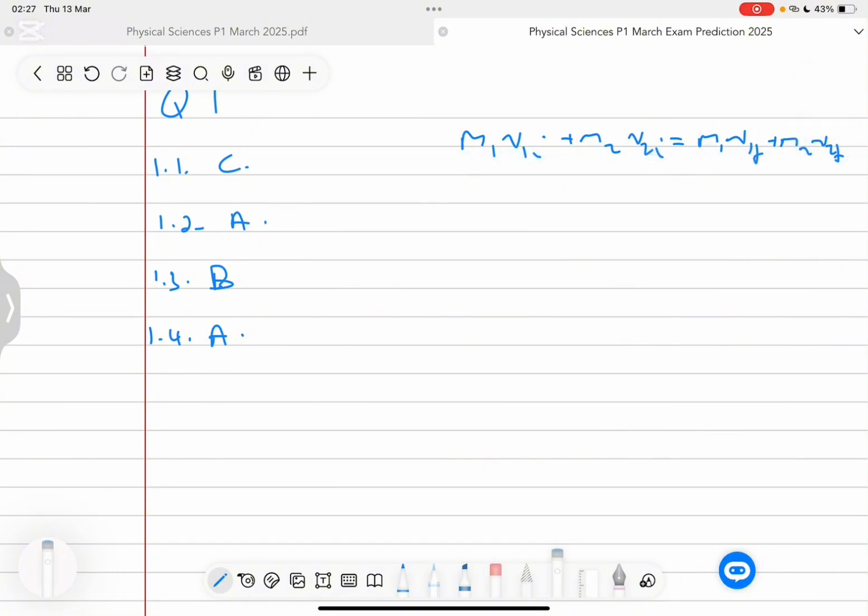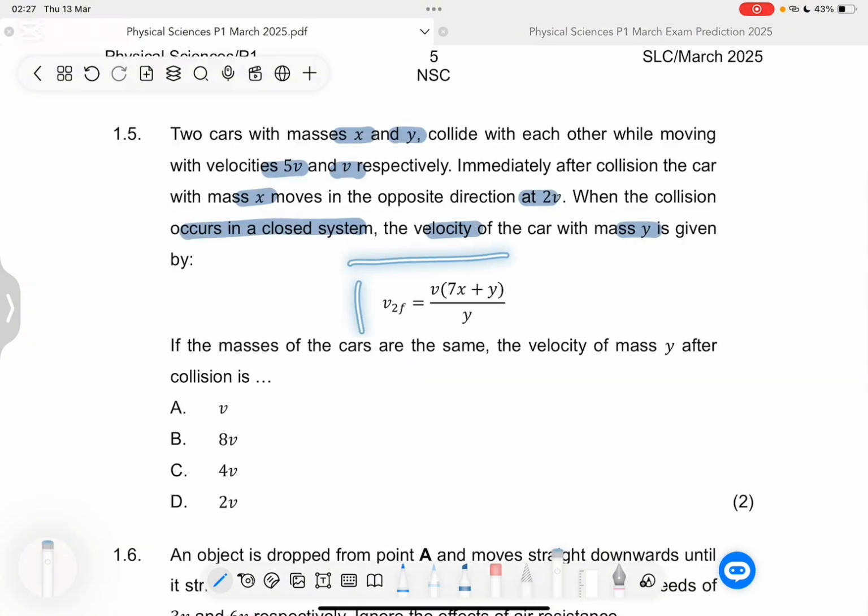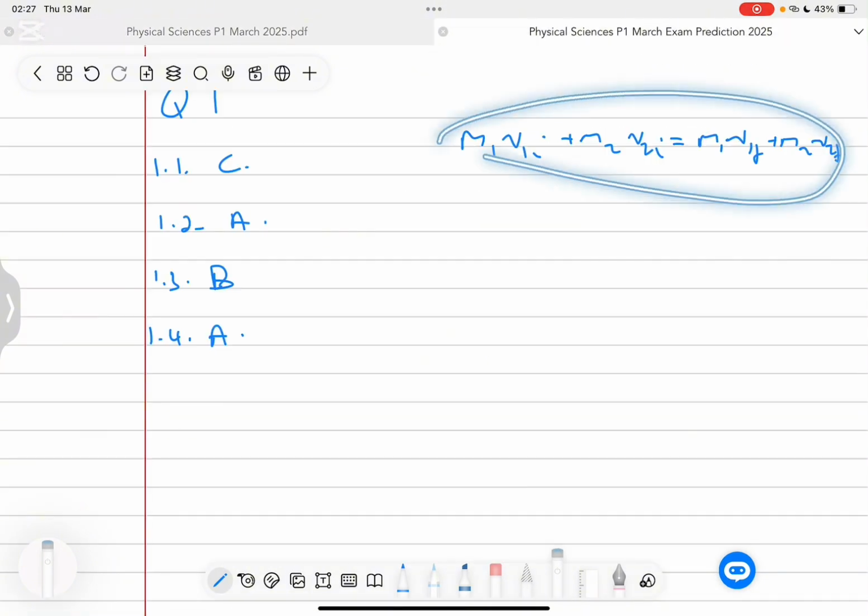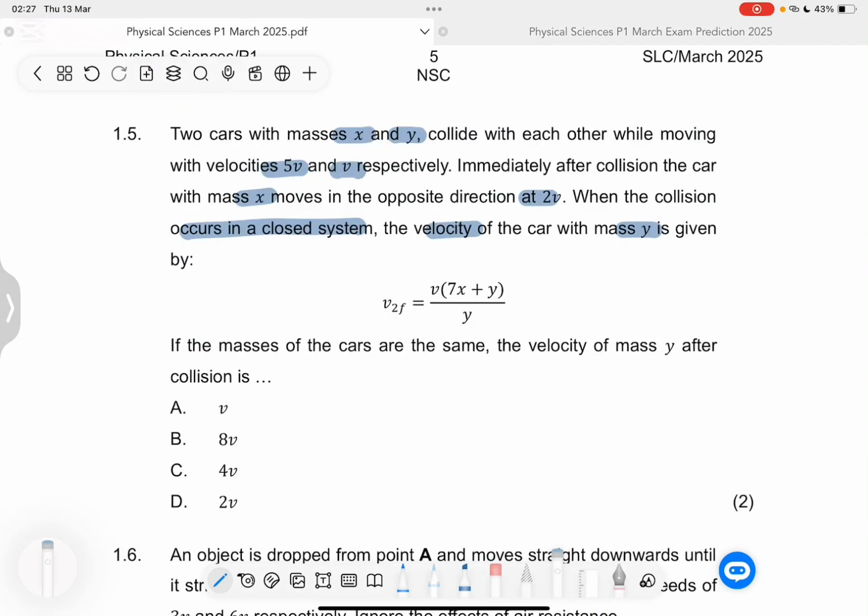If you solve this equation for V2 final, you will get this equation. That's where it comes from. Because in a closed system we should get this equation, since we have to use the law of conservation of momentum. I want you to try and do it on your own, just for practice purposes, to see if you'll get this equation.